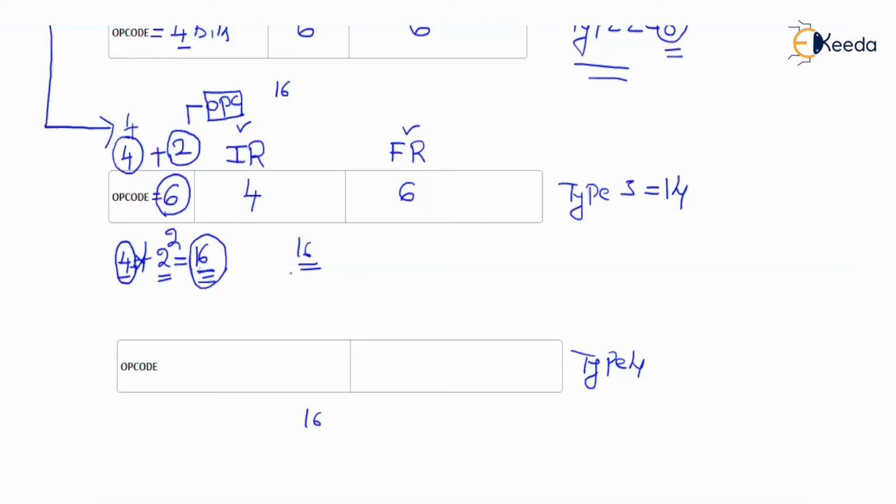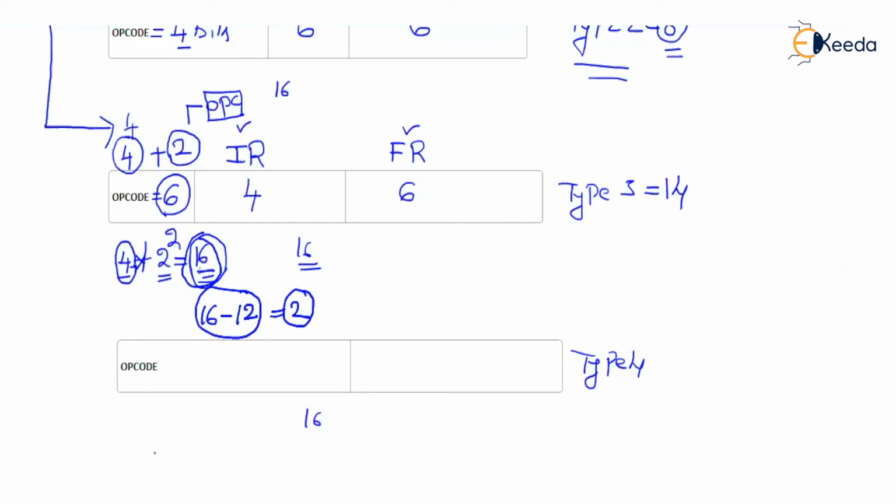The total possible combinations for the type 3 instructions is equal to 16, but the total number of type 3 instructions is equal to just 14. So available combinations minus used combinations in the type 3 instructions is equal to 2, right? These two combinations are still unused, which can be used to construct type 4 instructions.